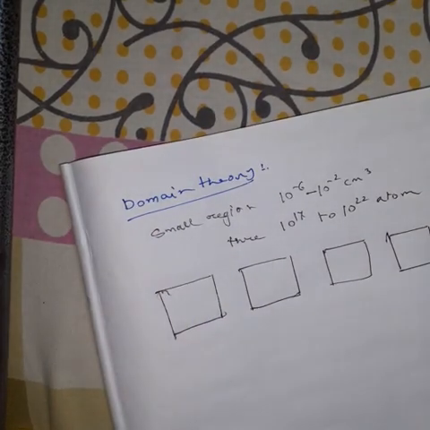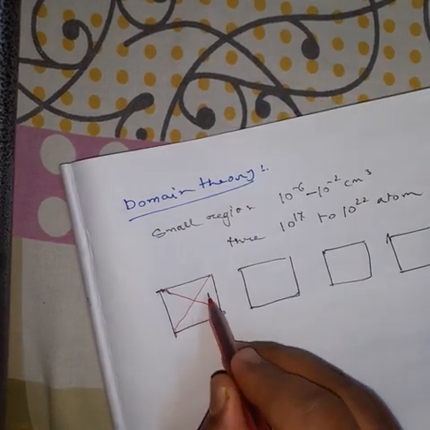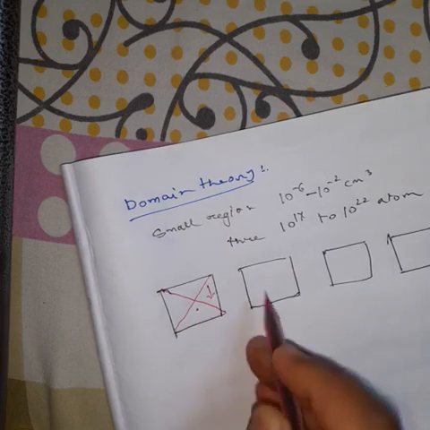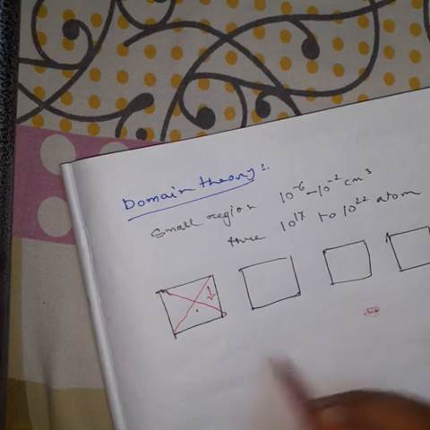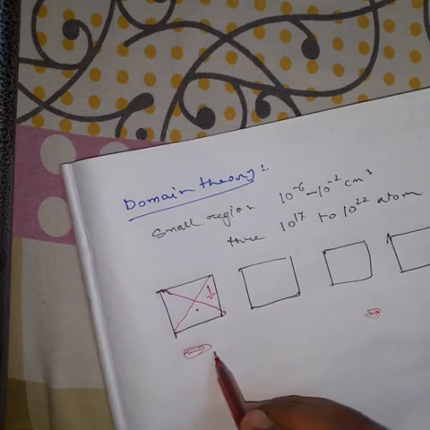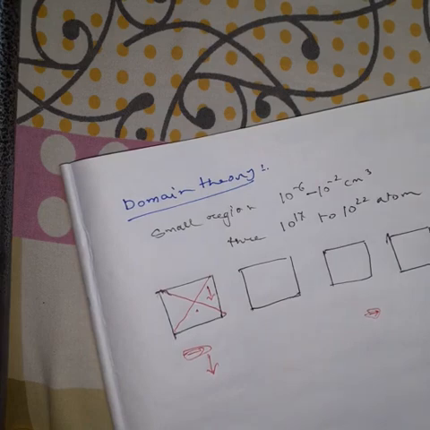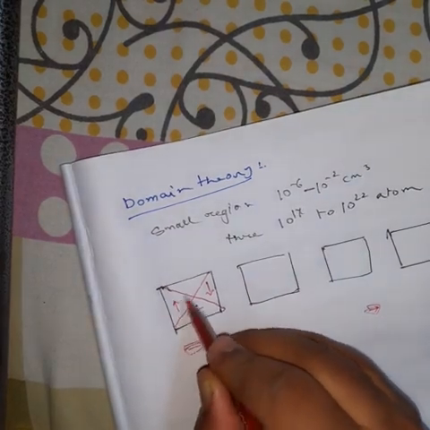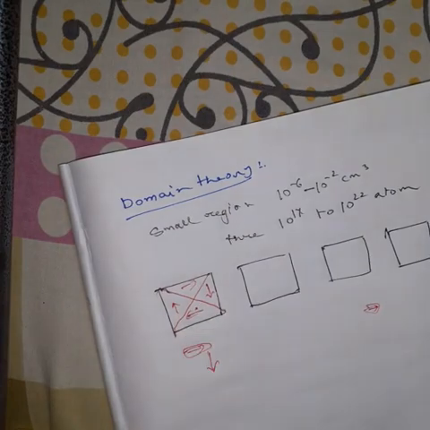Initially they are randomly oriented, and these are the domains and the domain walls. One domain may have its magnetic moment in this direction, another domain in that direction, so the magnetic moment can be in different directions. So the net magnetic moment is 0 in this case, because it is evenly distributed.